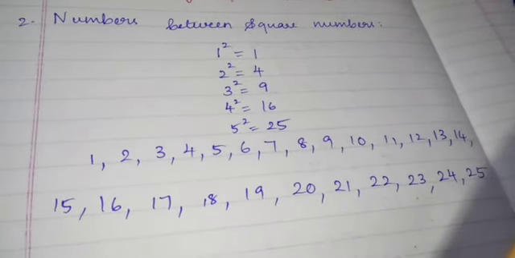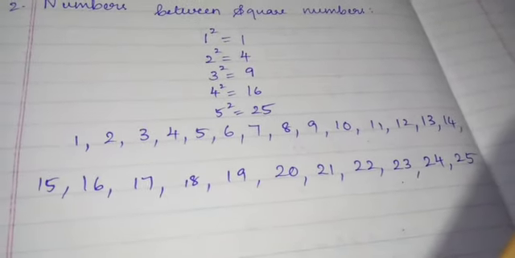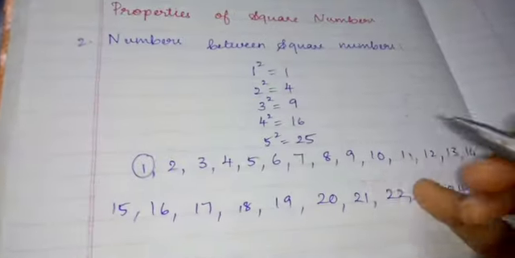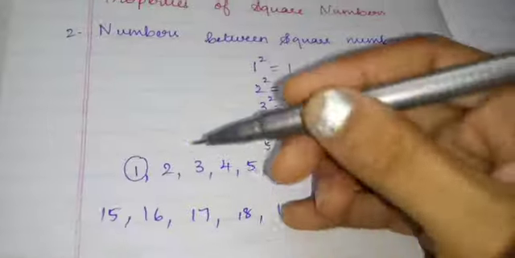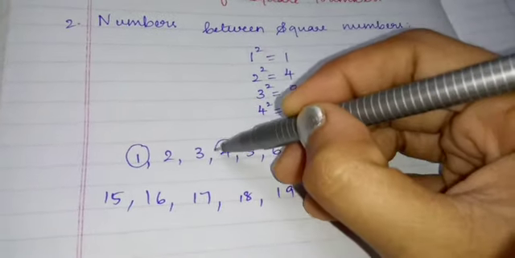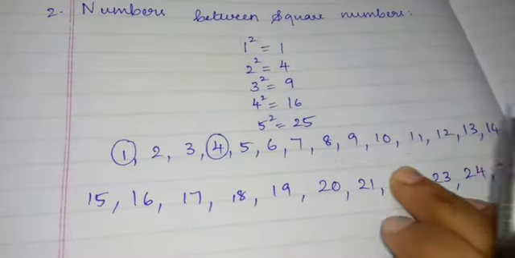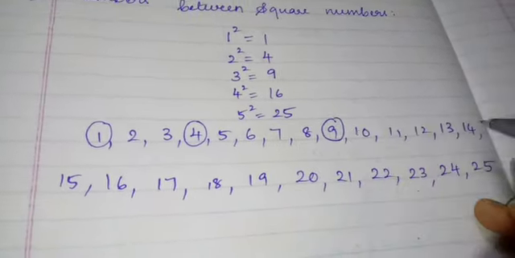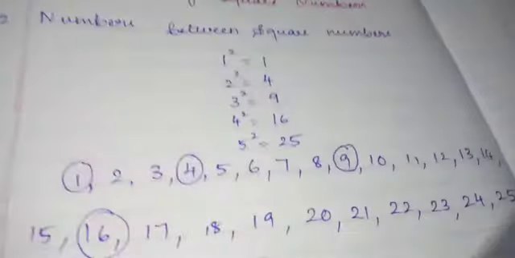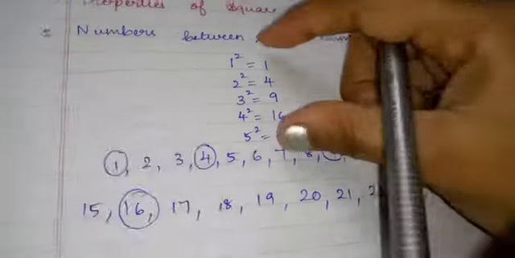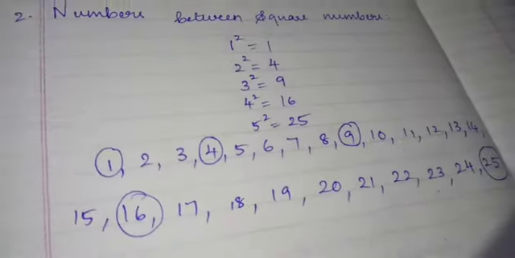I just wrote the numbers for your reference. Number 1 is a square number. Next, is 2 a square number? No. 3? No. 4 is a square number. Likewise, you circle all the square numbers. Till this, I have circled all the square numbers.